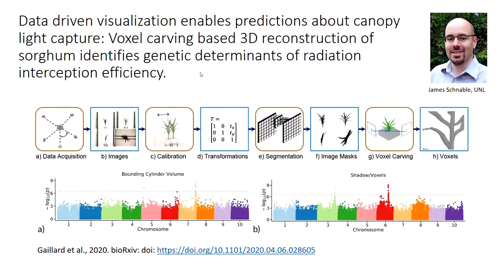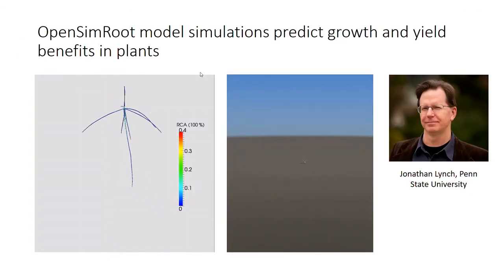And so this is just really a unique way to use computer vision and procedural modeling to identify new plant traits that we were not able to measure in traditional ways, and then put those computer vision traits into a GWAS to identify genetic targets.